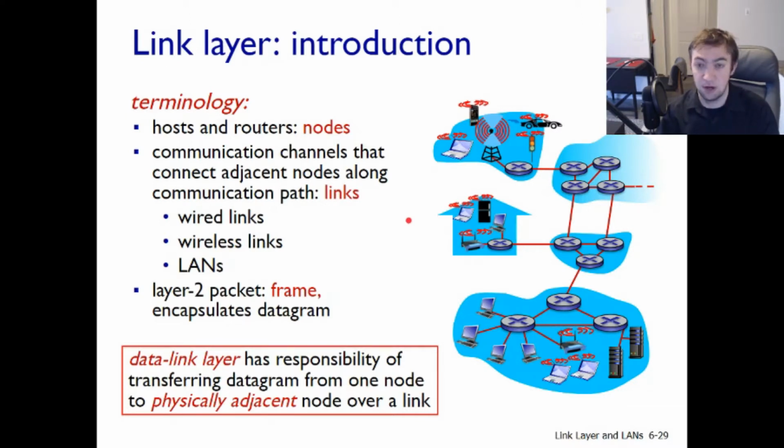Some models like the TCP/IP model may merge this layer along with the physical layer. But in general, we're not quite talking about things at the wired level just yet, although many of our discussions about the link layer are going to combine a little bit with what's going on at the physical level.